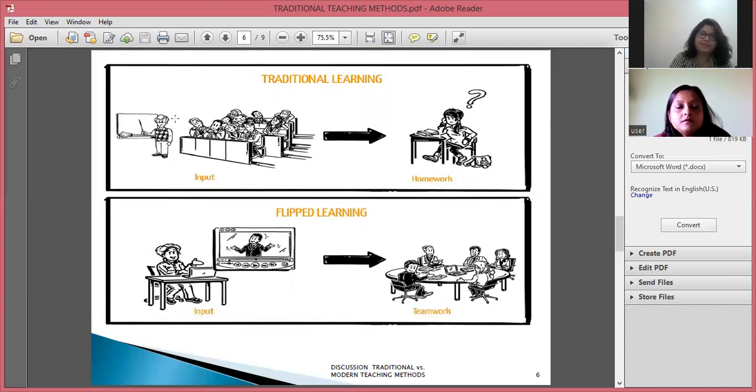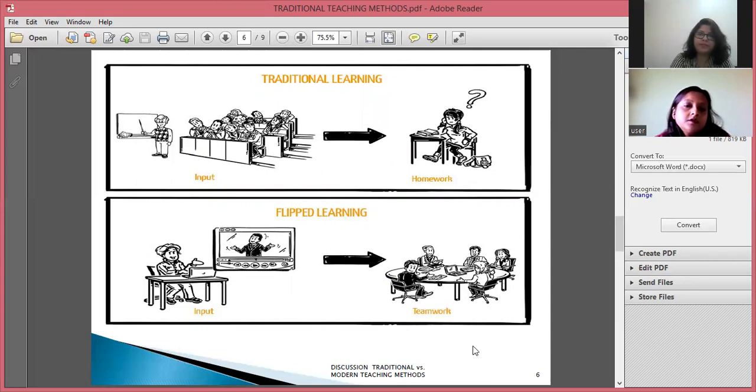And the teacher gives some homework, and the student goes home and finishes their homework in self study. So this is also boring.